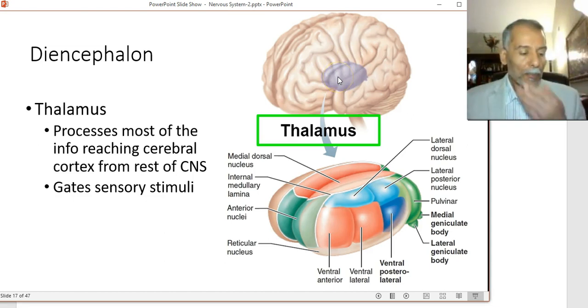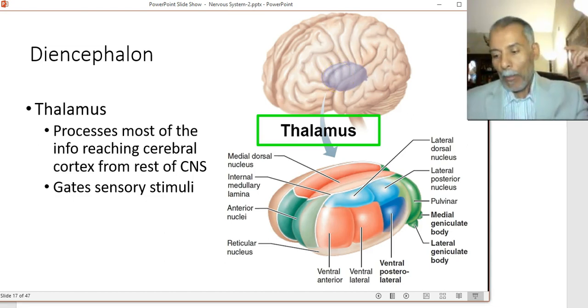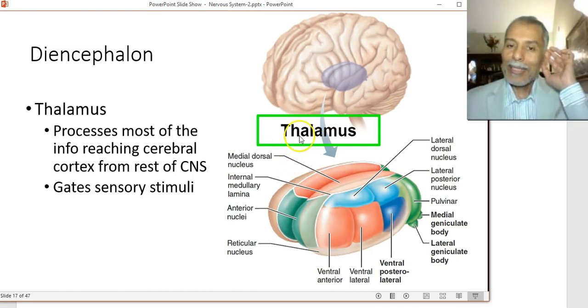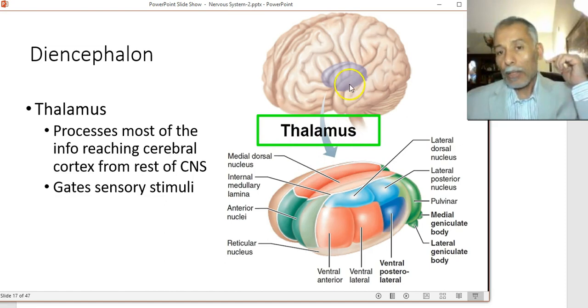For example, let's say there's a signal that you are hearing, and that signal comes up to that level as it goes through a part of the thalamus lower here, actually the medial geniculate.